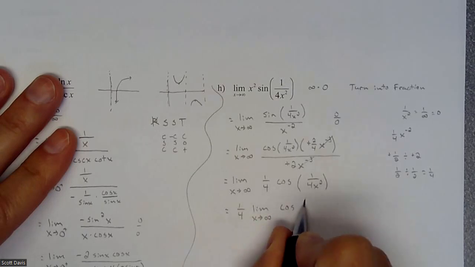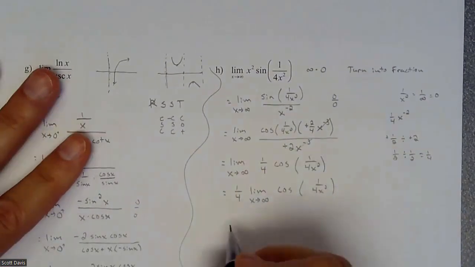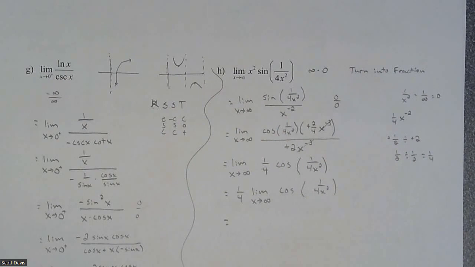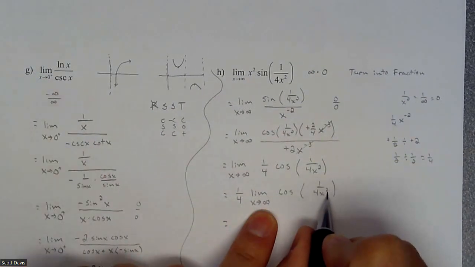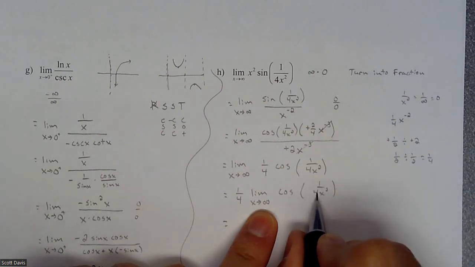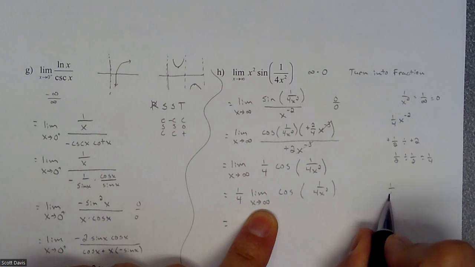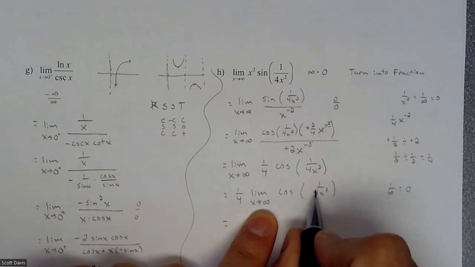So cosine of 1 over 4x squared. All right, so now I'm ready to go ahead and finish this problem off. If I'm going to take an infinity and plug it into this, we're looking at an infinity times 4. So we're looking at a fraction of 1 over infinity, which is a 0.